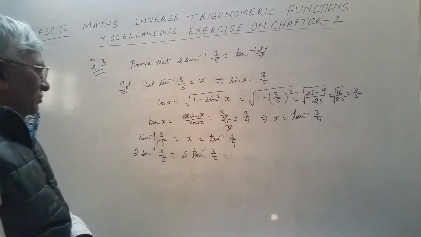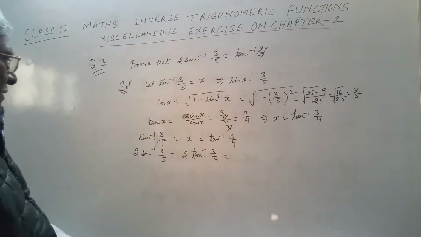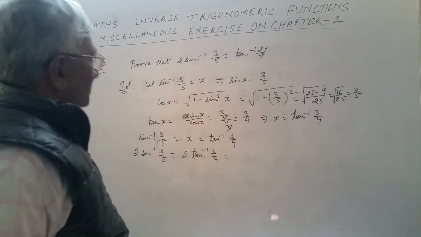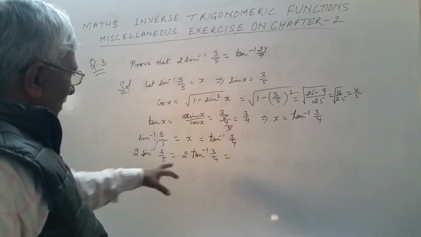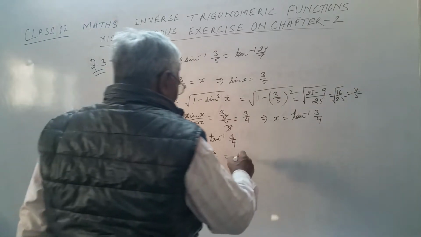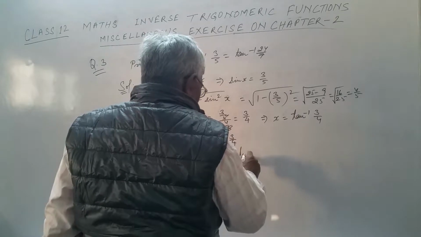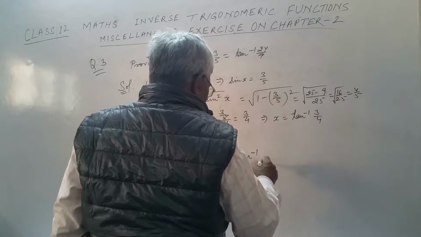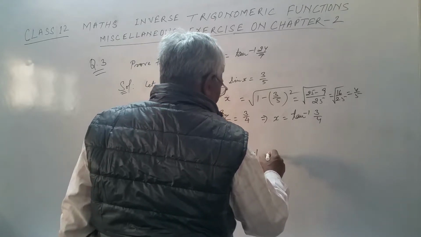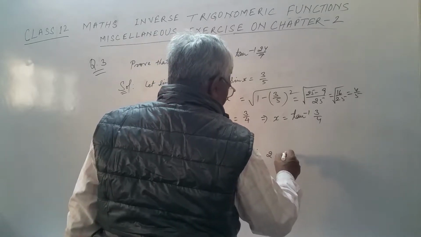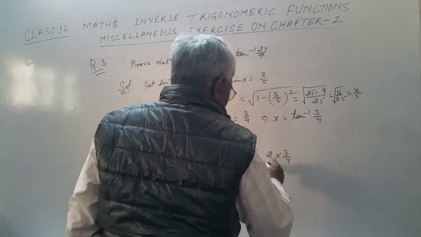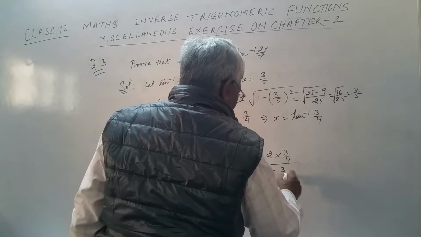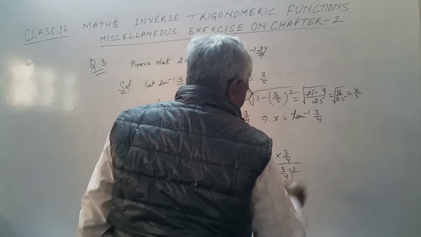For this you have got a formula in this chapter, inverse trigonometric functions. What is that formula? That is tan inverse of 2 into 3 upon 4 upon 1 minus 3 upon 4 whole square.